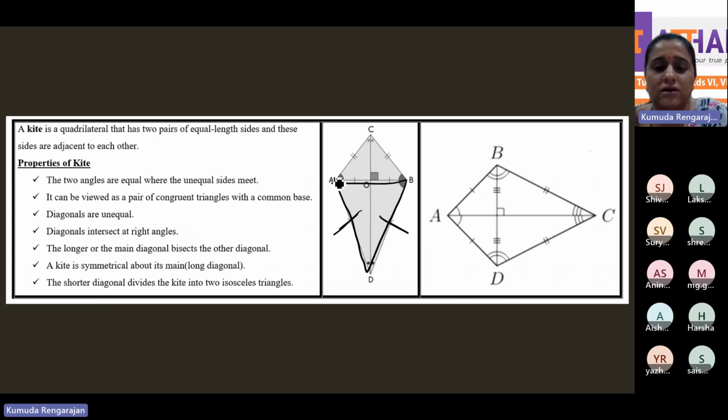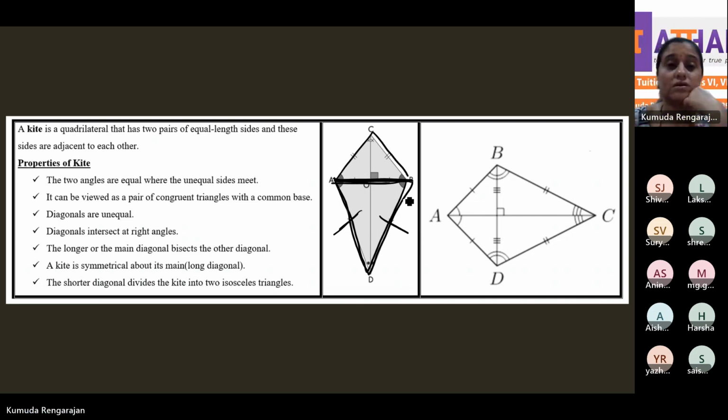So this is the smaller diagonal. AB is the shorter diagonal. If you take the shorter diagonal as the base and consider the two triangles, ADB and ACB, they are two isosceles triangles, because this side is equal to this side is equal to this side.